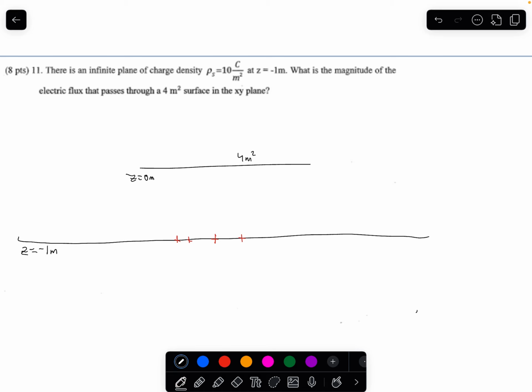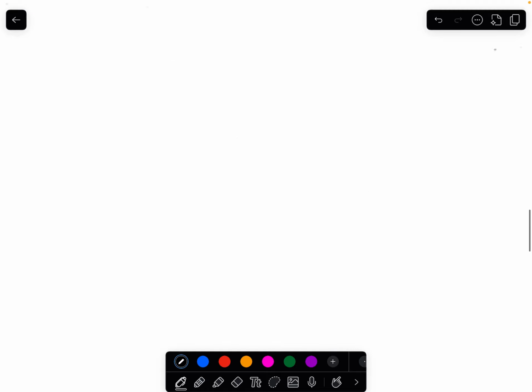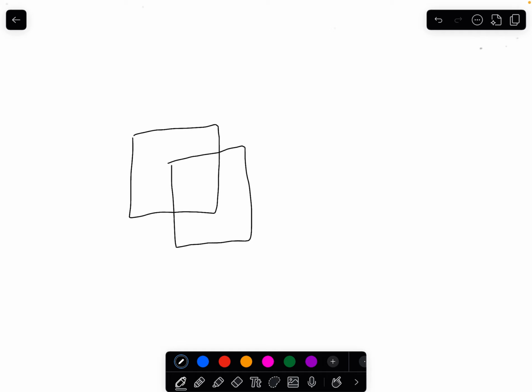So let's just take a second and look at something different. So let's say we had a box like so, and inside of this box we had a volume charge density of 6 coulombs per meter cubed. Now the way electric flux escapes an object is it's going to equalize across all of the sides.